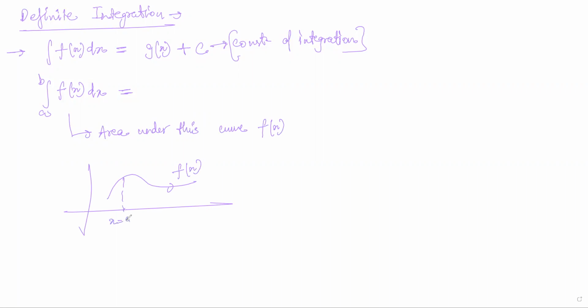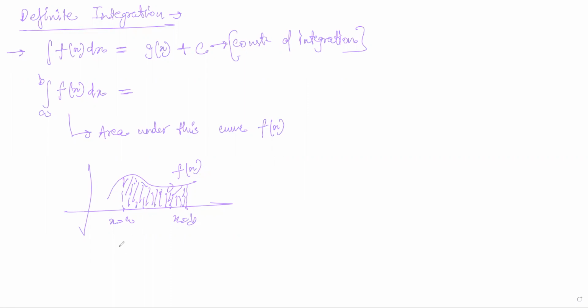This is x = a, and this is x = b, and we are integrating f(x) over a to b. If you want to interpret this expression, it is basically the area of this shaded part, the area under this curve f(x).